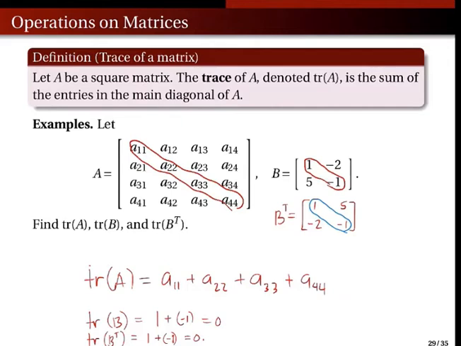So the trace of matrix B is the same as the trace of the matrix B transpose. Provided, of course, the condition to get the trace is that the matrix must be square. Question so far?